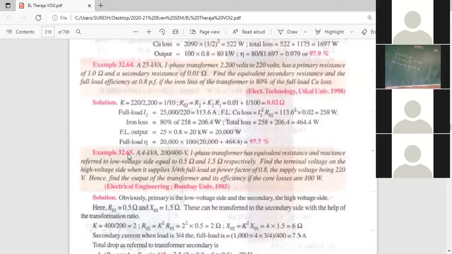Find the equivalent secondary resistance and the full load efficiency. The power factor cos phi is 0.8.